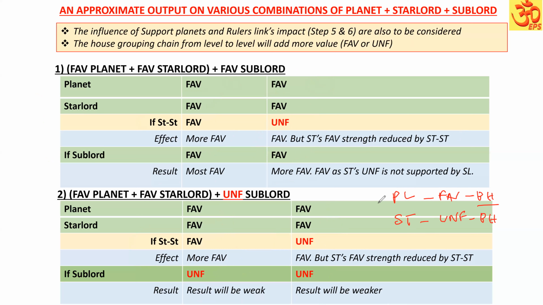For example, for the event of marriage, the star lord is having the 7th house and the star lord of the star lord is having the 6th house. Though it is star lord and star lord of the star lord, this is also a planet, and the nakshatra lord is the star lord of the star lord, right? So whether planet or star lord and star lord of the star lord, the rule applies.